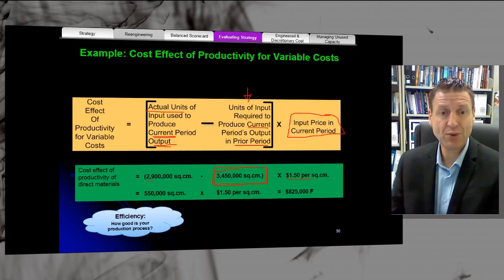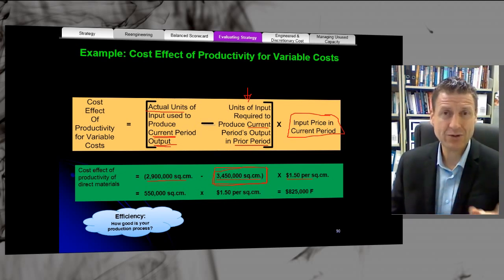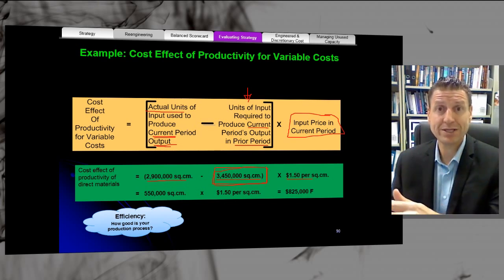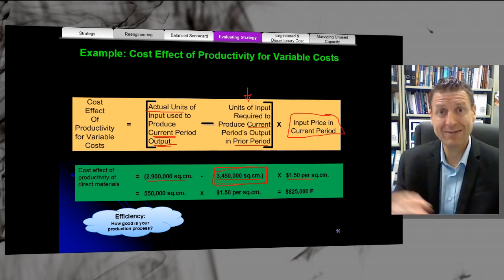And so that 2.9 million square centimeters of input minus what we should have used, do you think that is a good thing or a bad thing? Well, given that growth has occurred, we've gone from 1 million units in 2012 to 1.15 million units in 2013, we should have needed more inputs in the second period.